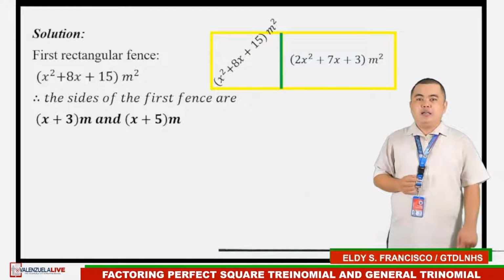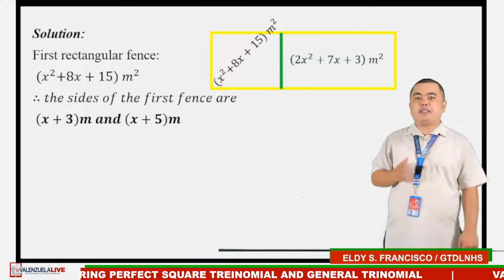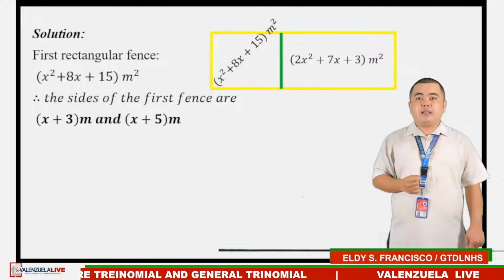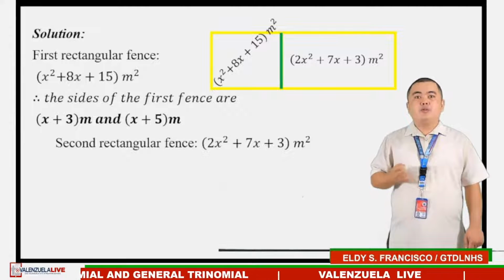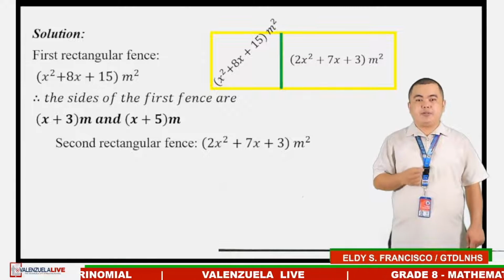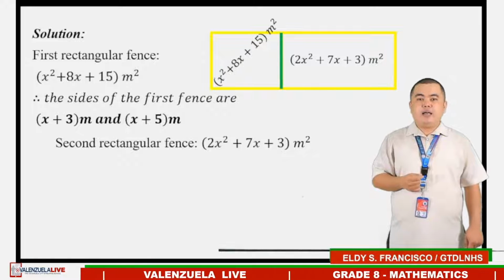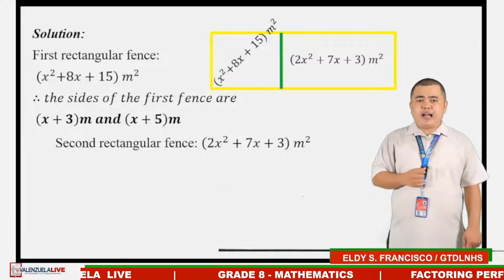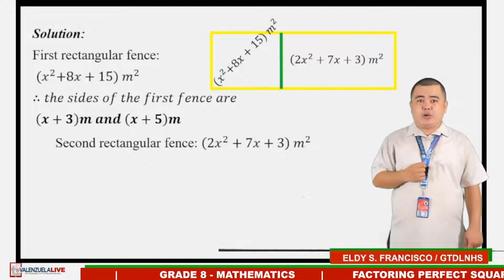Moving on, let us now solve for the dimension of the second rectangular fence with an area of 2x squared plus 7x plus 3 square meters. Again, as you notice, this given area is a quadratic trinomial where a is not equal to 1.